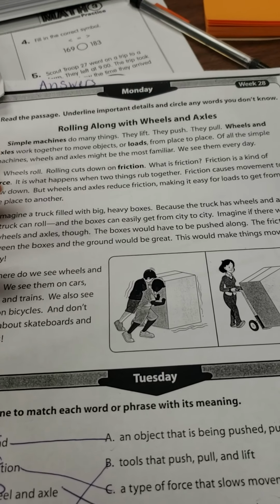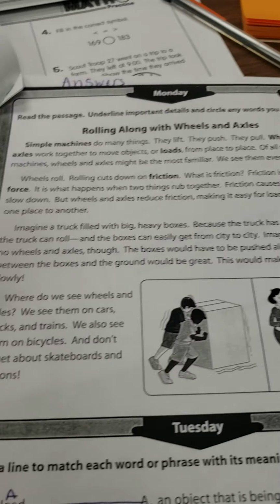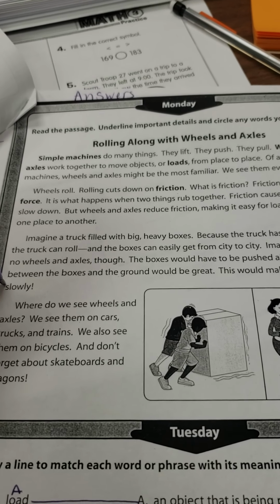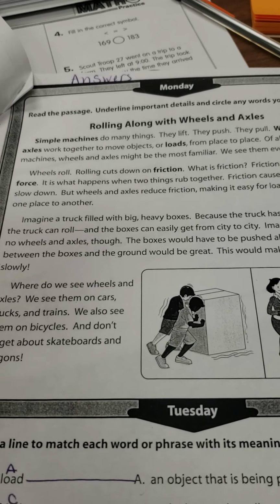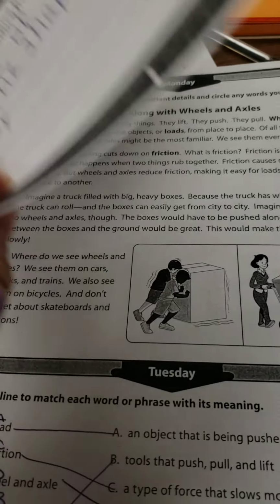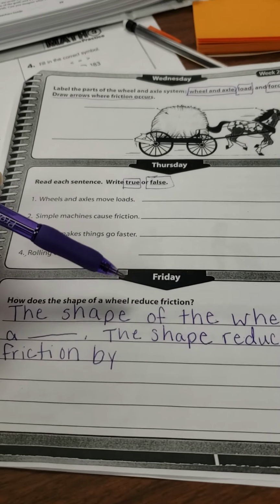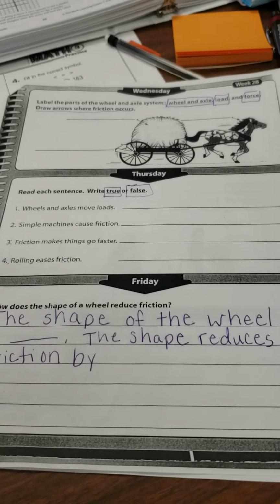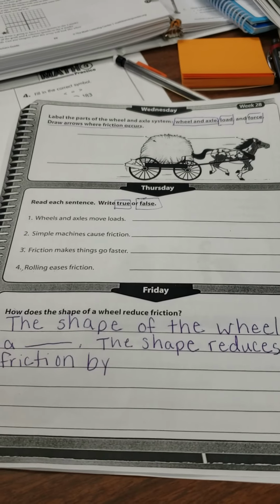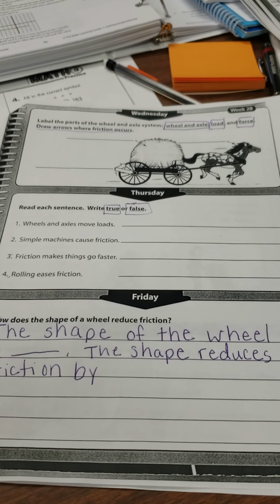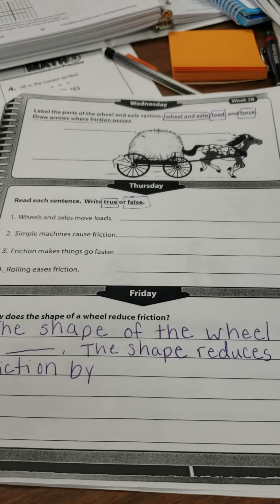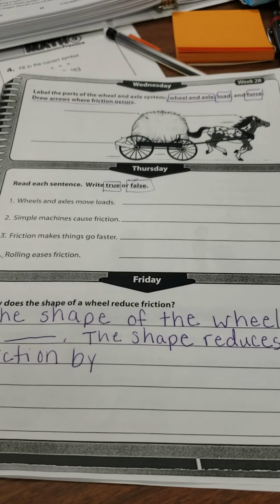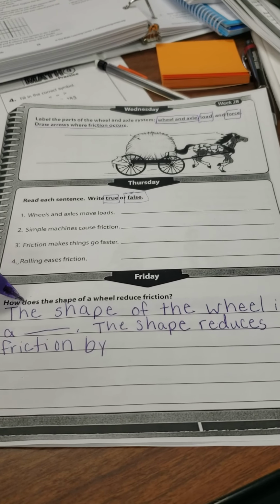It would be a lot of friction. And this would make things move very slowly. Okay, so use that to help you think about how the shape of a wheel reduces friction, has there be less friction, which means things don't have to move as slow. Things move quicker. Because of why? Why do they move quicker? Okay, make sure you write in complete sentences down here.